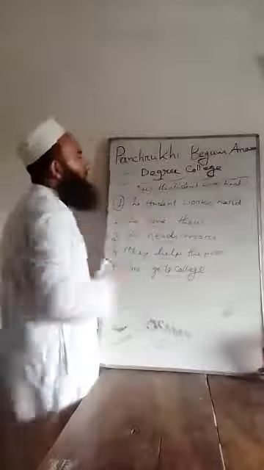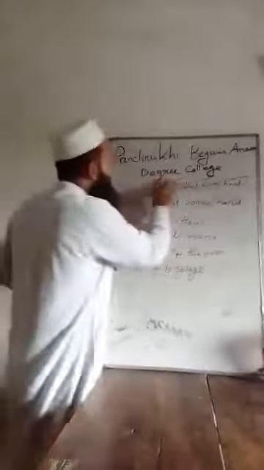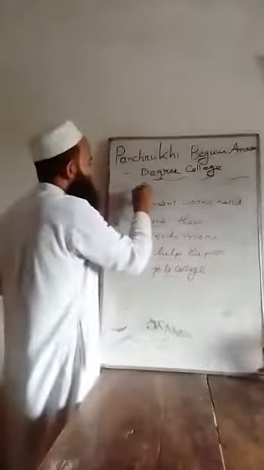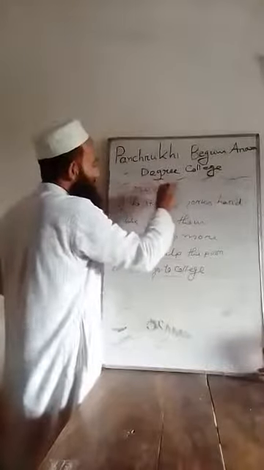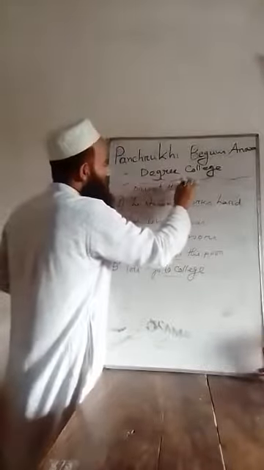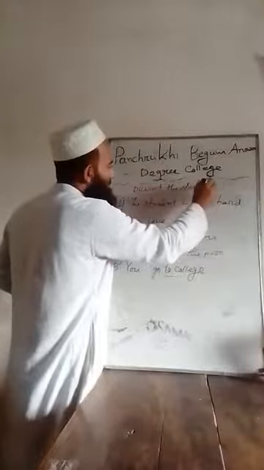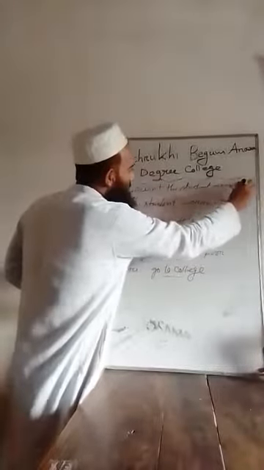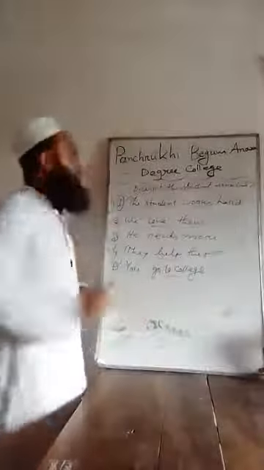Here, we can write the transformation of the sentence. Negative interrogative: Doesn't the student work? This is the transformation of the sentence.